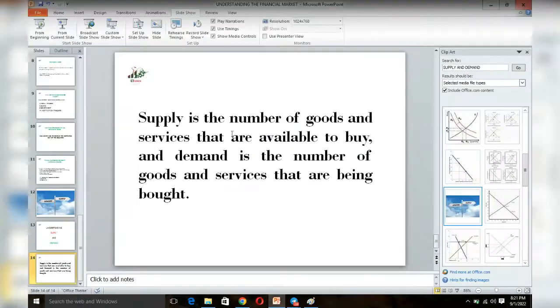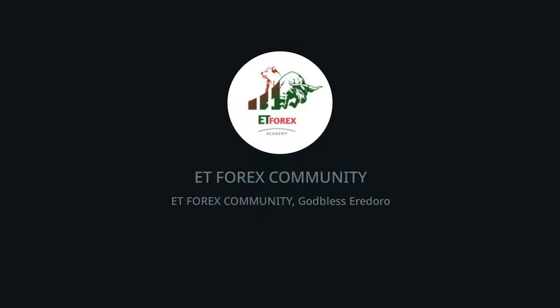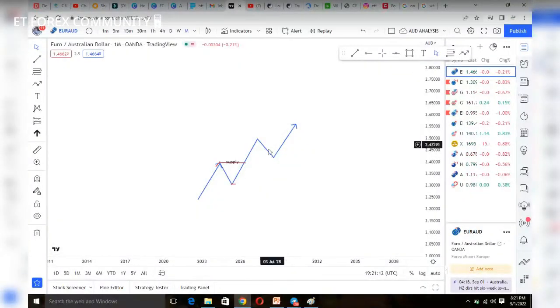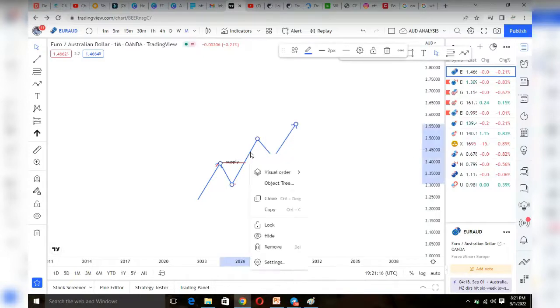So let's go back. Supply is the number of goods and services that are available to buy, and demand is the number of goods and services that are being bought. Having said that, let's go to the chart because we want to understand the financial market. How does the financial market work?